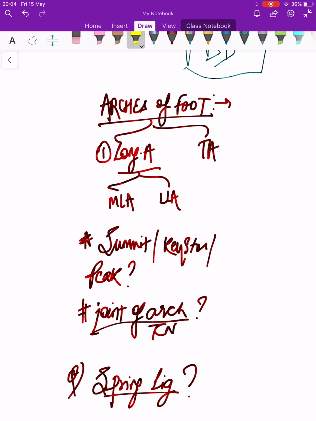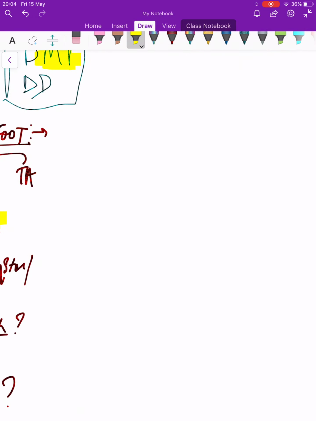तो arches में दो तरह के arch होंगे, एक longitudinal arch, एंड एक transverse arch. So longitudinal arch में medial longitudinal and the lateral longitudinal arch. So इसको बनाएंगे.